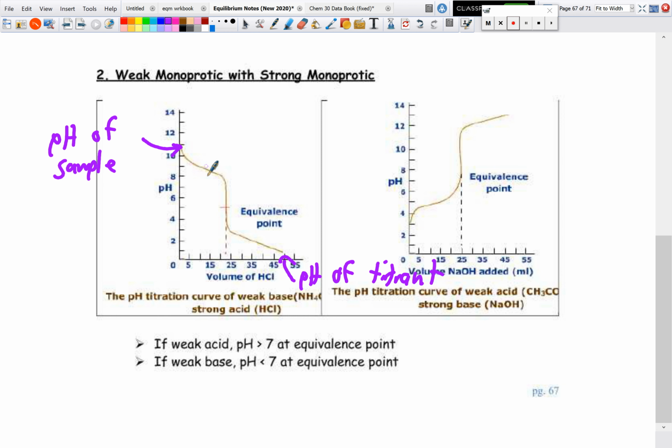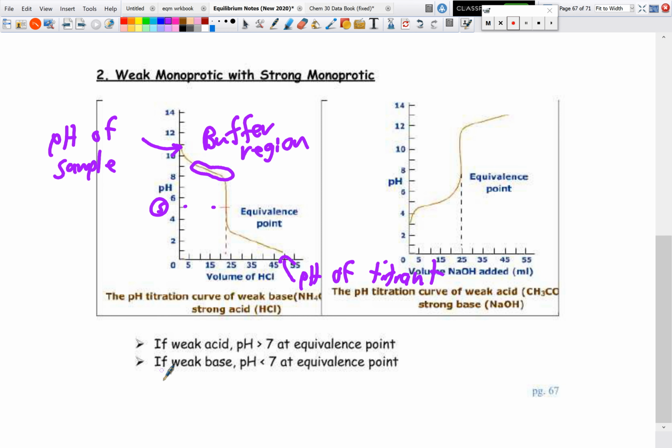Now I know it's not completely flat, but this leveling off portion right here is our buffer region. And the reason it is a buffer region is because we can tell it's not following the trend. We get a sharp decrease, then the buffer starts to kick in, so it starts resisting the pH change, and then it's overwhelmed at some point. Now, because we're starting with obviously a weak acid up here because the pH is much higher than a strong acid's, we get the equivalence point to be different as well.